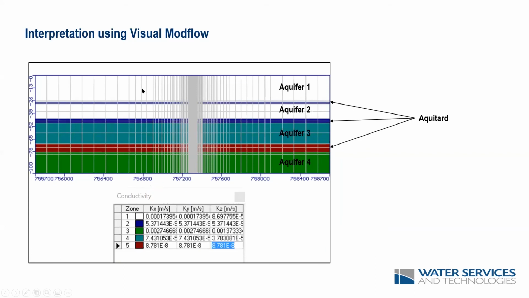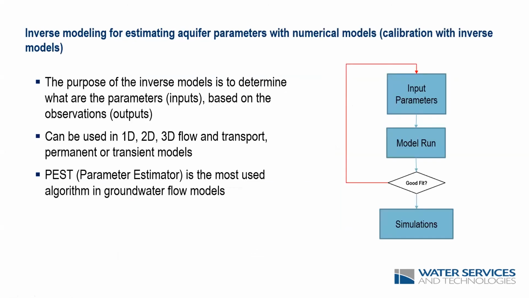Here's that same section that we saw in the hydrostratigraphical profiles. So that would be our conceptual model. This would be our numerical model. And here we have then again the various aquifer levels separated by aquitards.